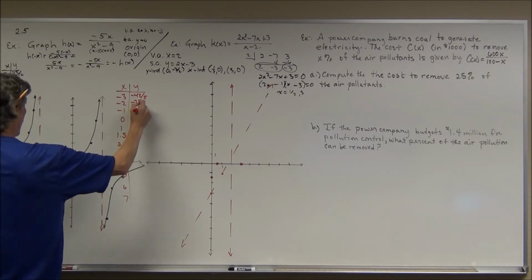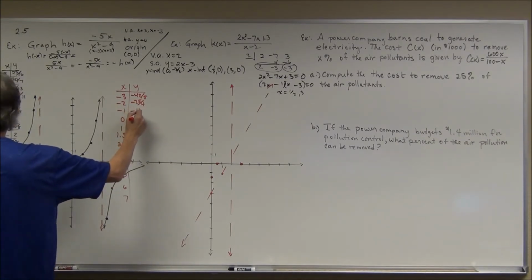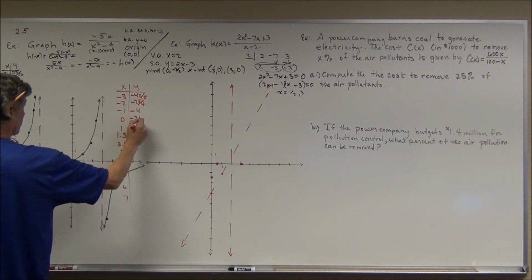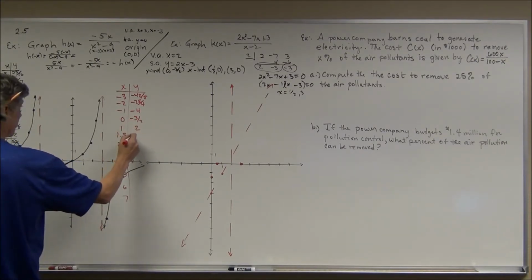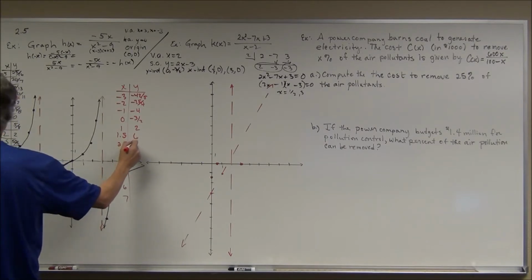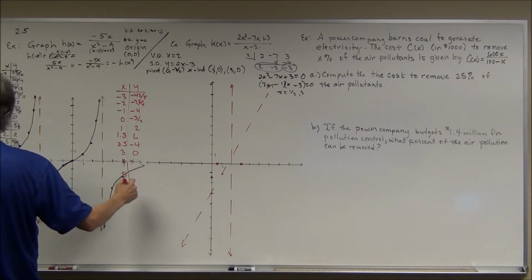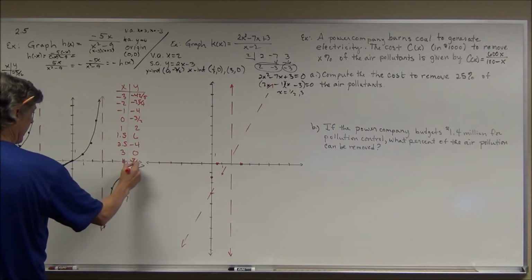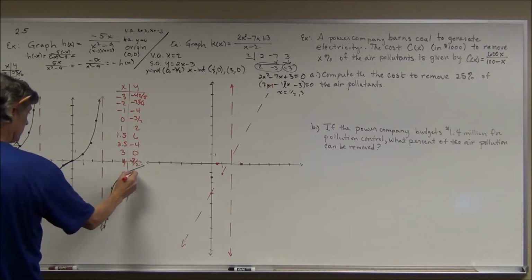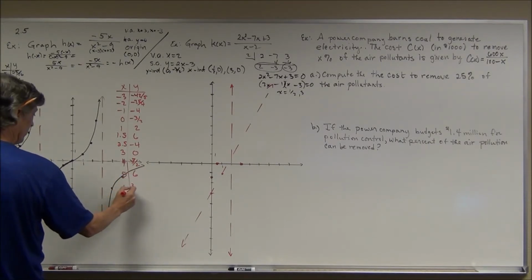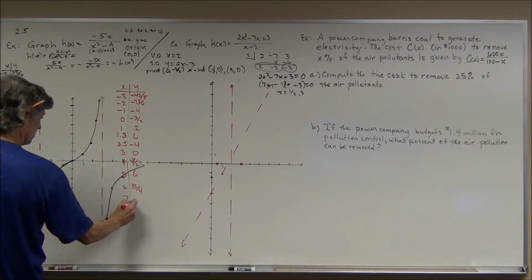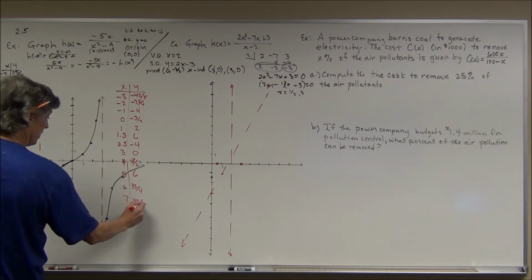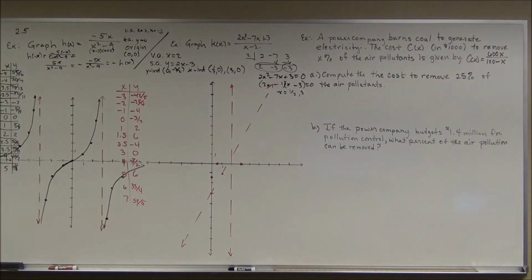Negative 25 fourths, negative 4, well, we should know this one is negative 3 halves, 0, negative 3 halves, 1, 2, 1.5, 6, 2.5, negative 4, and 0, we should have 3, 0, there we do, 4, 7 halves, 3.5, 6, 33 fourths, and yeah, this one's going to be too much. This is going to be 52 fifths. And I think I'm off my sketch there by then.